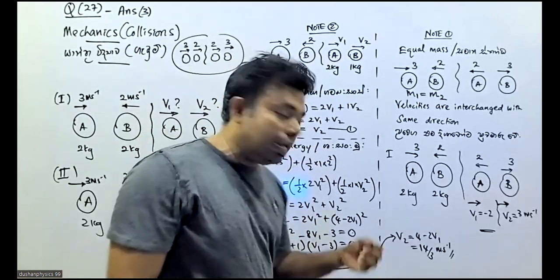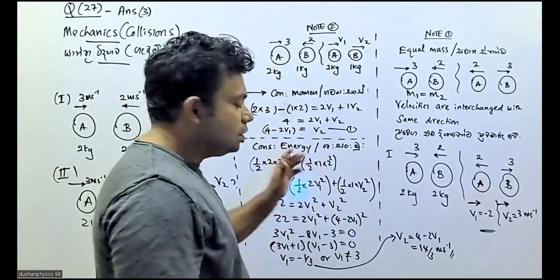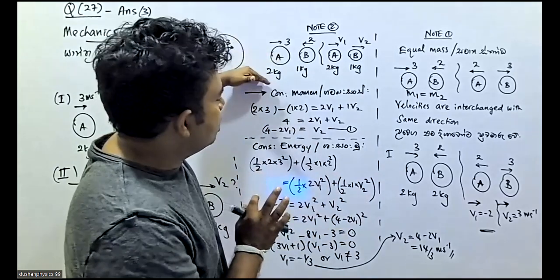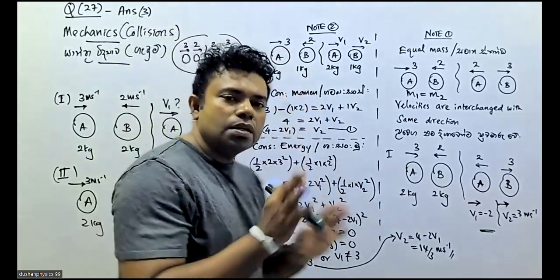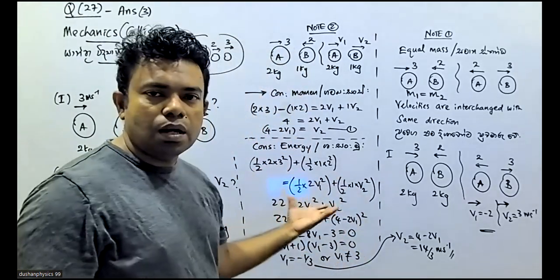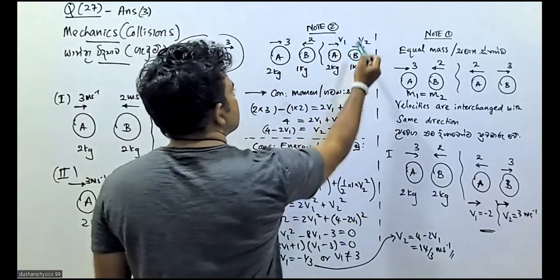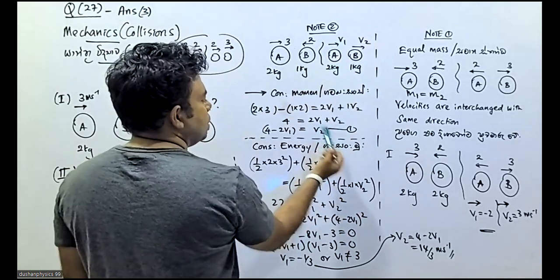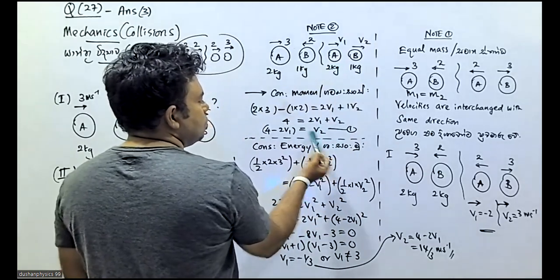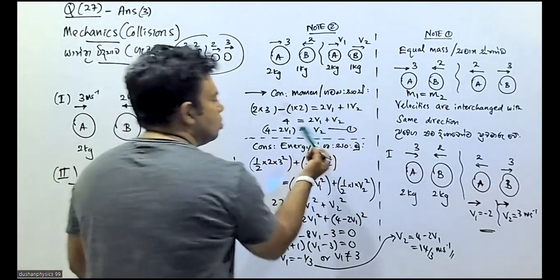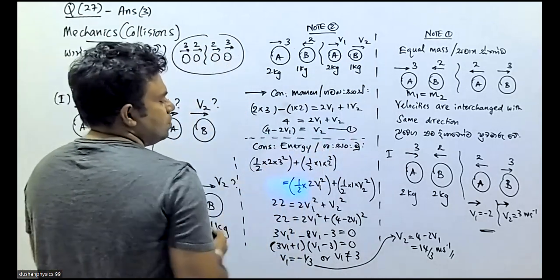But in the energy equation, there are no plus or minus signs. Remember that well. So this equals 2 into V1 plus 1 into V2. If you make V2 the subject, V2 equals 4 minus 2 V1.